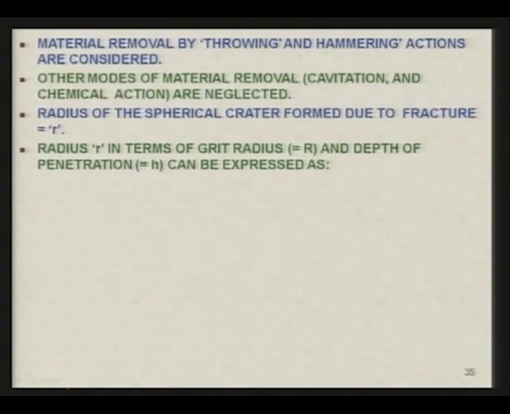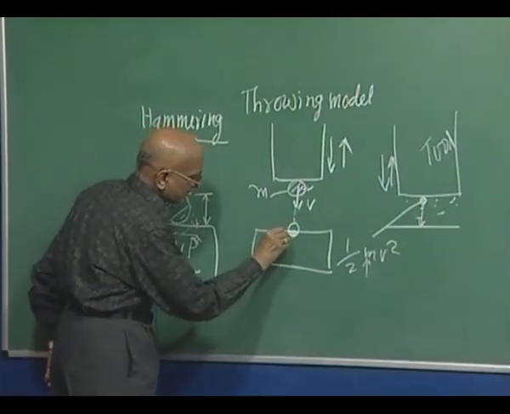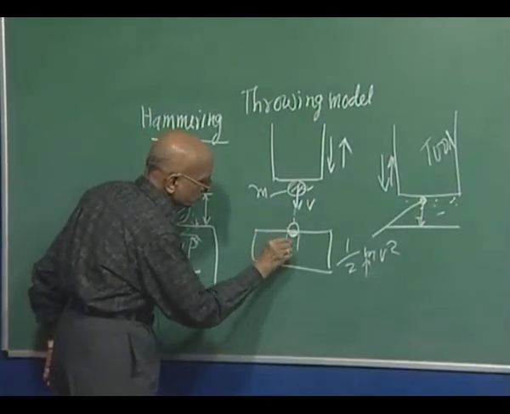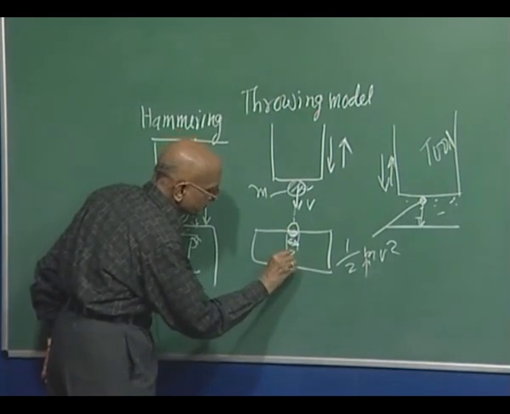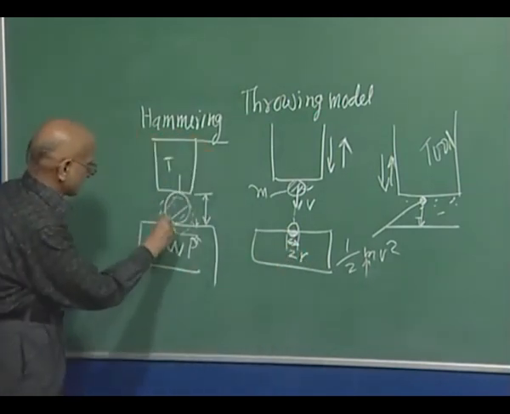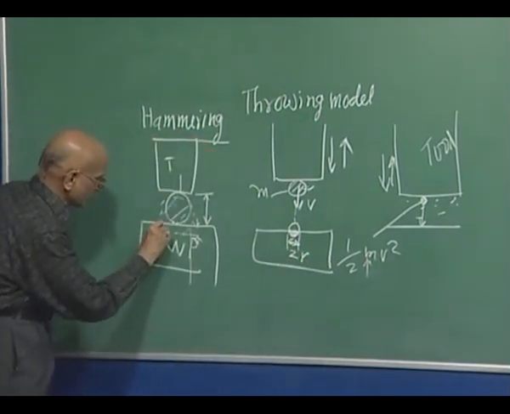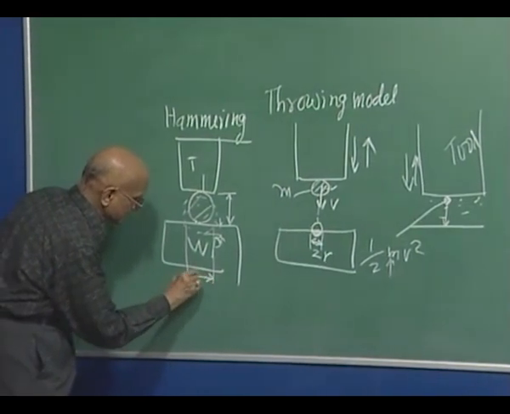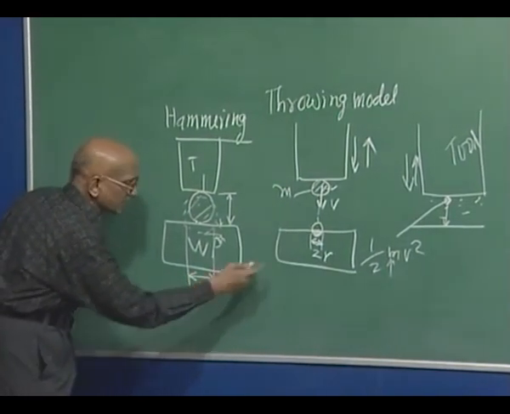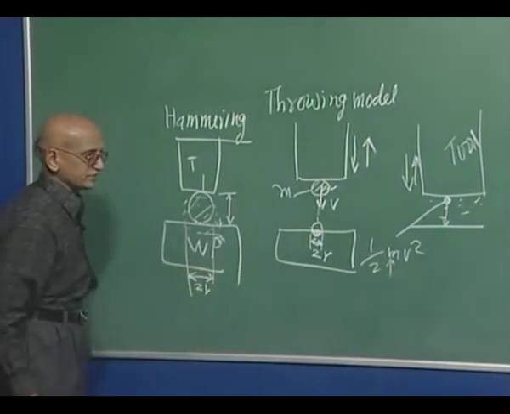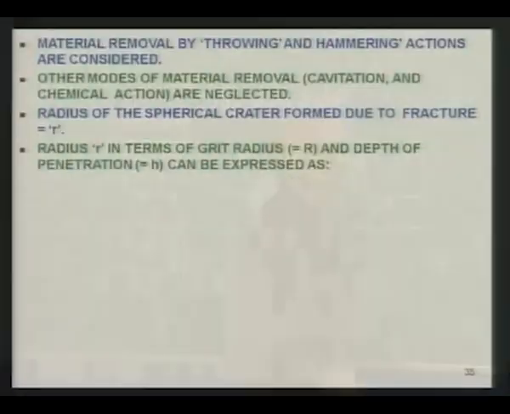As we can see here in the throwing model, if this is the crater being formed, then this is equal to r, or when it is created over here in the throwing one, this is taken as 2r, and these 2r in this case and this case are different, as we will see in the slides.